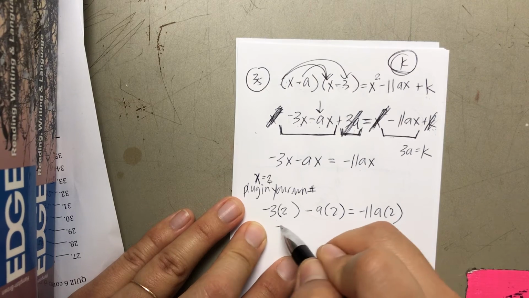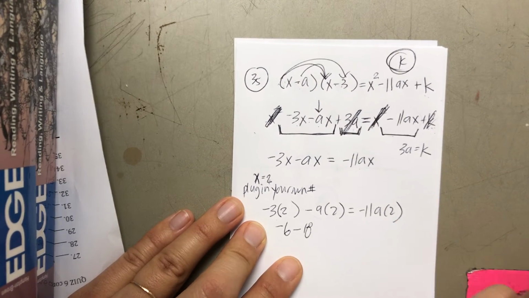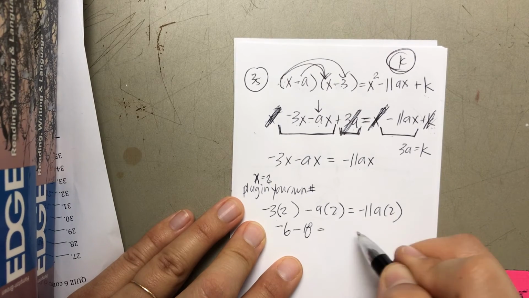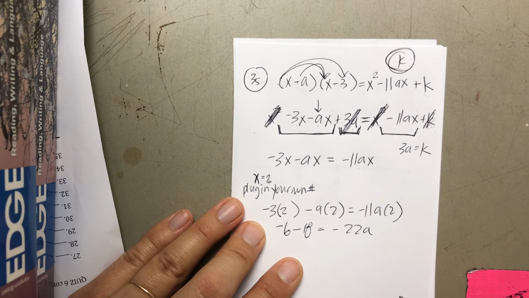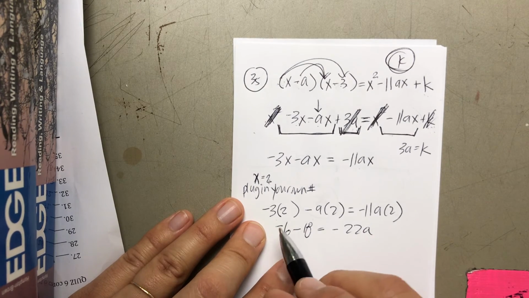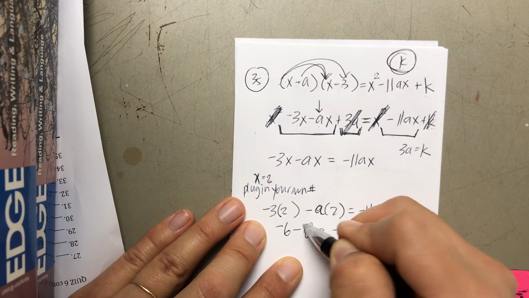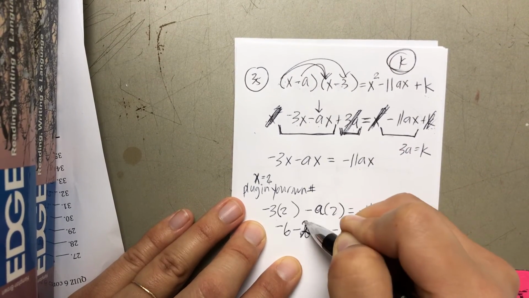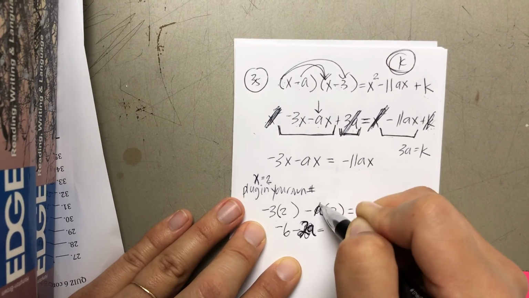Okay, so this is going to be negative 6 minus 18 is going to equal negative 22a. Oh sorry, I shouldn't have plugged in for this. This is not a 9. This is a 2. So actually this is a 2a. Okay, 2 times a.